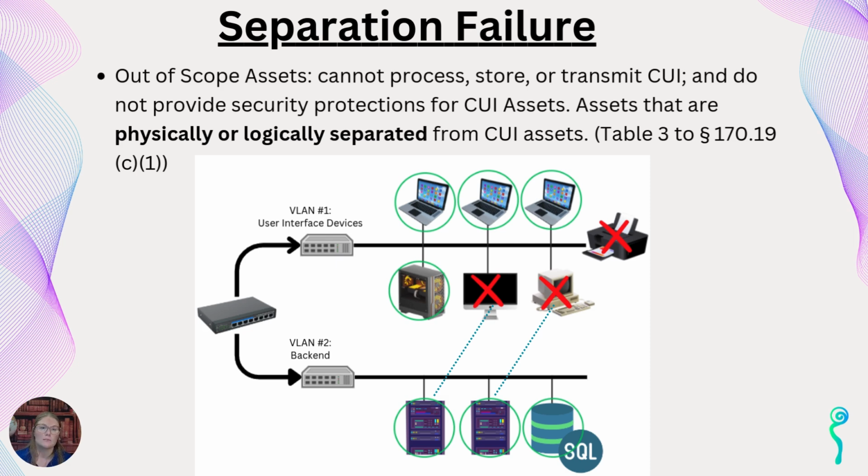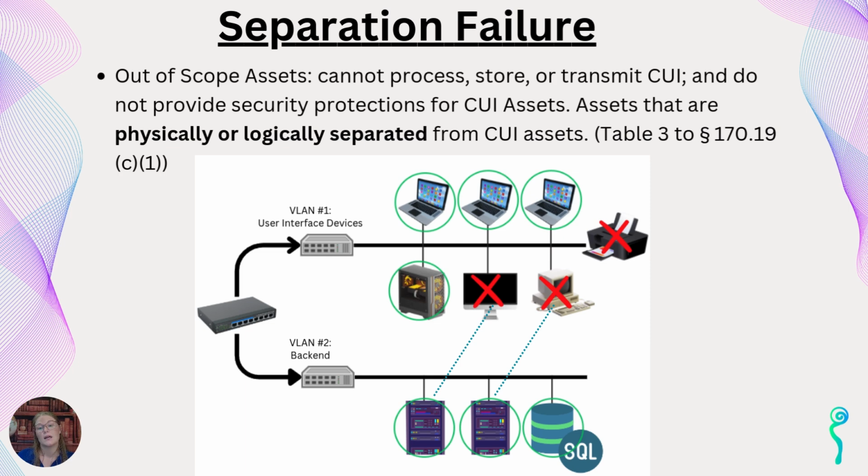And so in this situation, it was unfortunate because it was found one of the times in a JSVA that there was an asset that was deemed to be out of scope, and then based on our discussions and interviewing the system administrators focusing on other controls, it was brought up that those assets are not physically or logically separated, and therefore they should not have been identified as out of scope.